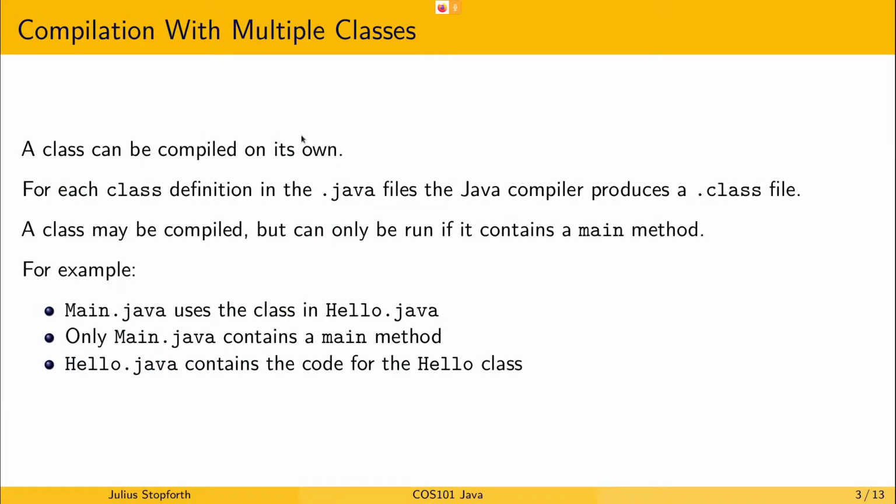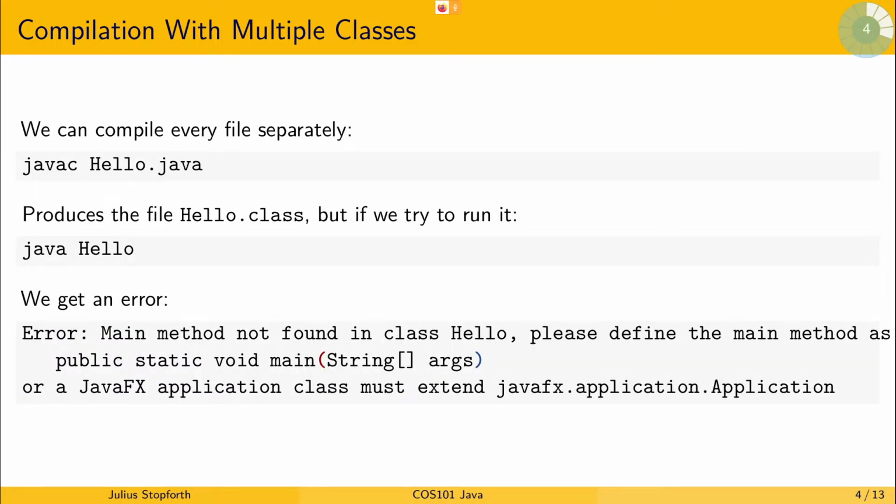Okay. So you can see here that only the main.java contains the main method. That's our entry point, and we can only run classes directly when they have a main method of that special method signature. So we can compile every file separately.